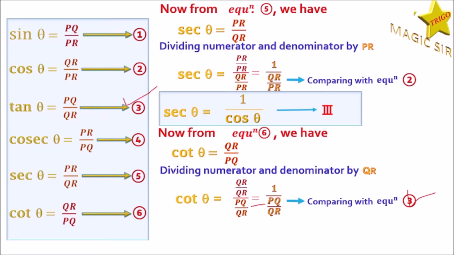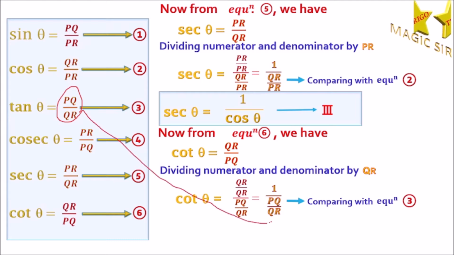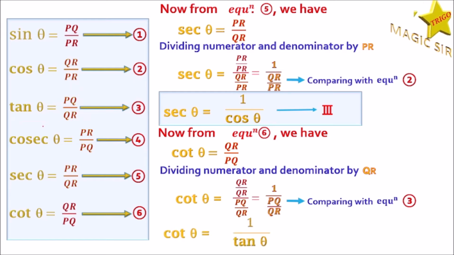Comparing with equation 3, tan theta is equal to PQ upon QR. From equation 3, we have PQ upon QR, and here cot theta is equal to 1 upon PQ upon QR.